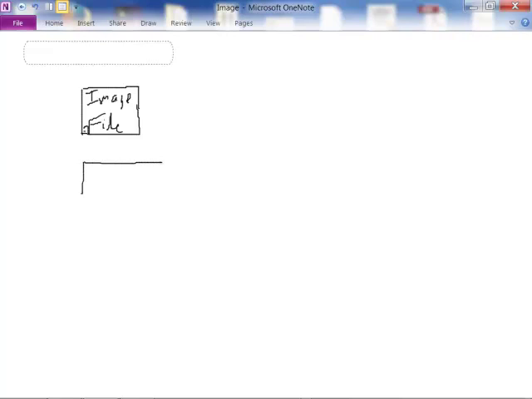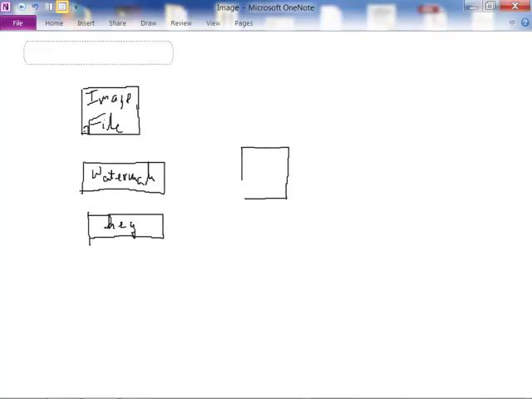And then we have the watermark itself, and a key. And then there's an encoding algorithm. These are all inputs to the encoding algorithm. And what we get out is a watermarked image.